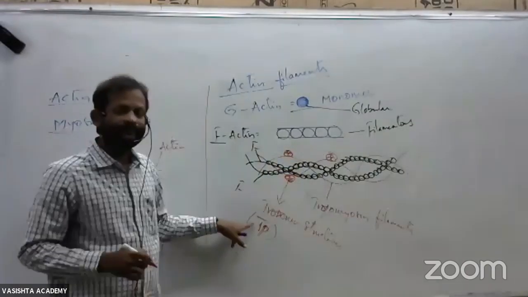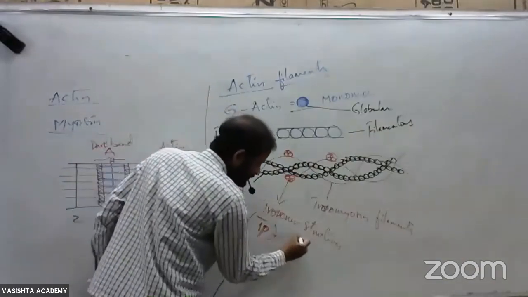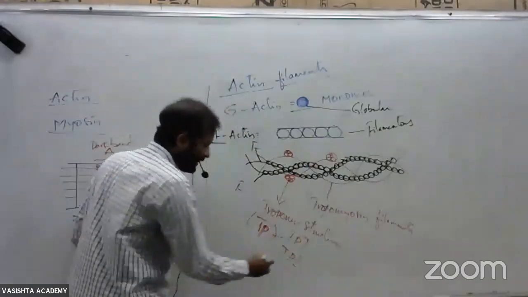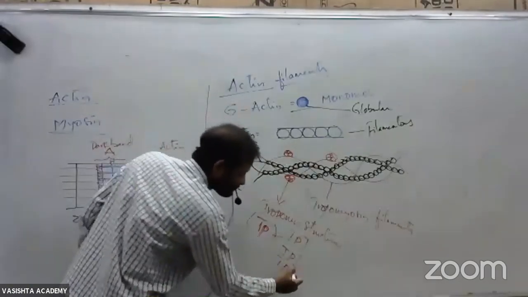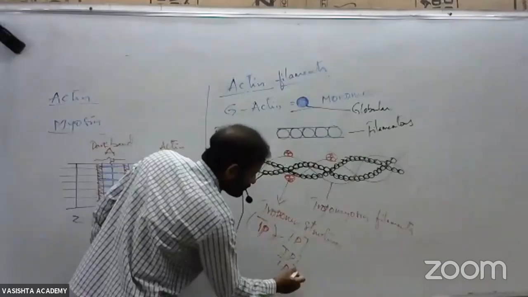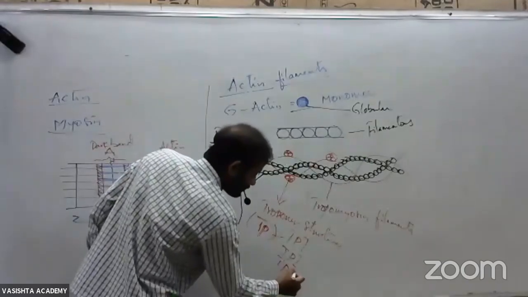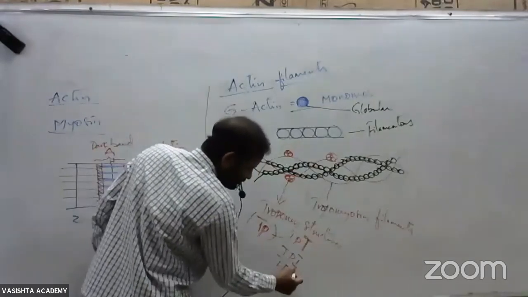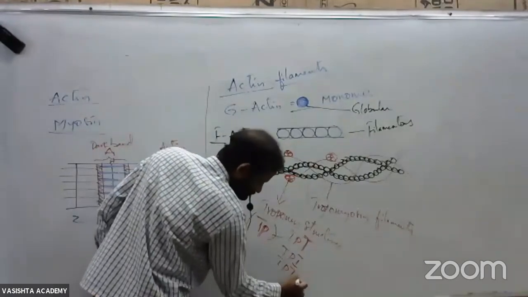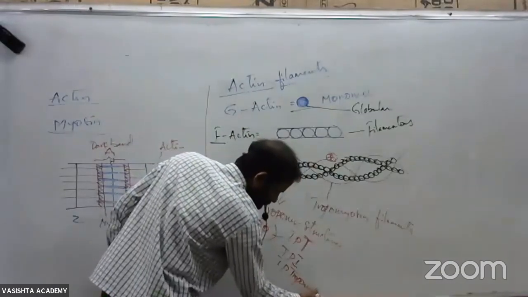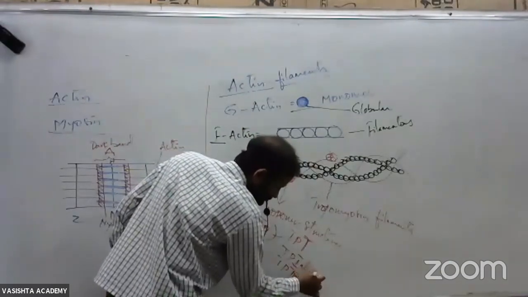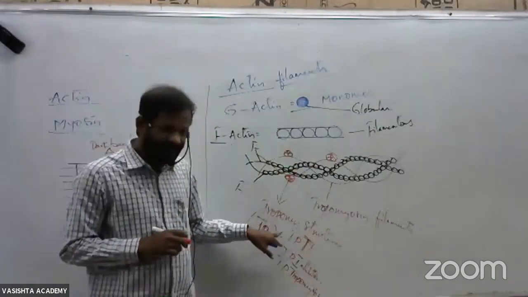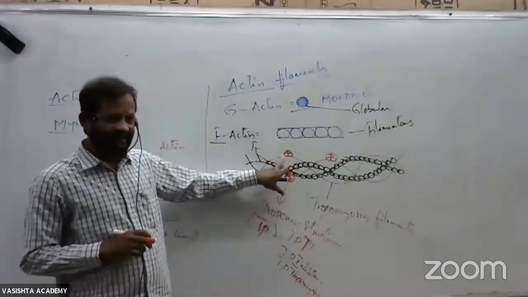Those units are called TpT, TpI, and TpC: one is inhibitory, another one binds tropomyosin, and another one binds calcium.